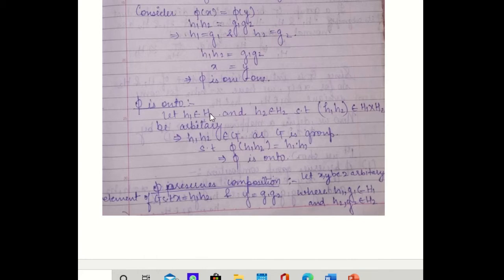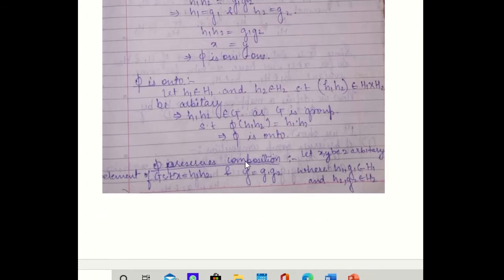Since H1 and H2 are subgroups of G, all the elements of H1 and H2 are in G. So h1 and h2 will also be in G. So h1 h2 belongs to G as G is a group, such that under this definition phi of h1 h2 equal to h1 h2. So this implies phi is onto. First we have shown that phi is 1-1, h1 h2 is equal to g1 g2, x equal to y, so phi is 1-1. Now we have shown that phi is onto.